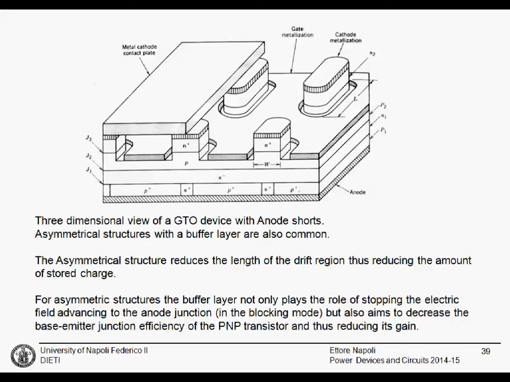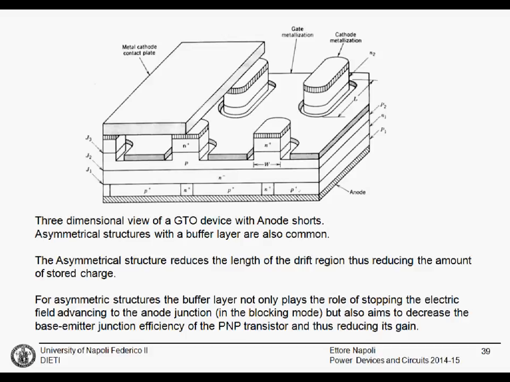When you have the symmetrical structure, if you have the anode here, this is P plus, then you have the drift region, which is N minus, then you have the base, and then you have the cathode contact. This PNP transistor here, the emitter is here, this is the base junction, and the emitter efficiency is very good, because this is very highly doped and this is very lowly doped.